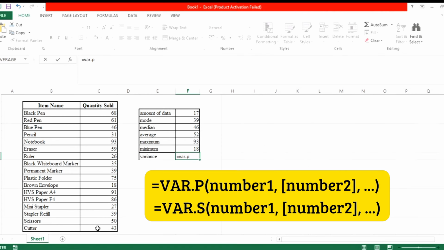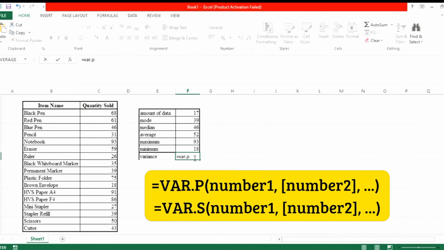For example, if the population is 50 items, but you only have 10 data and want to find the variance of the values of the items, you must use VAR.S. S means sample and P means population. So, because we have the population of this data, we're using VAR.P.